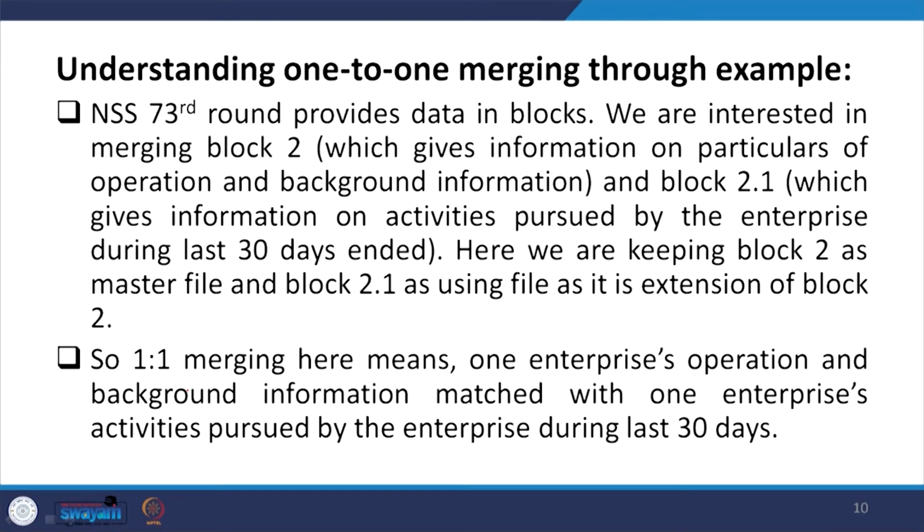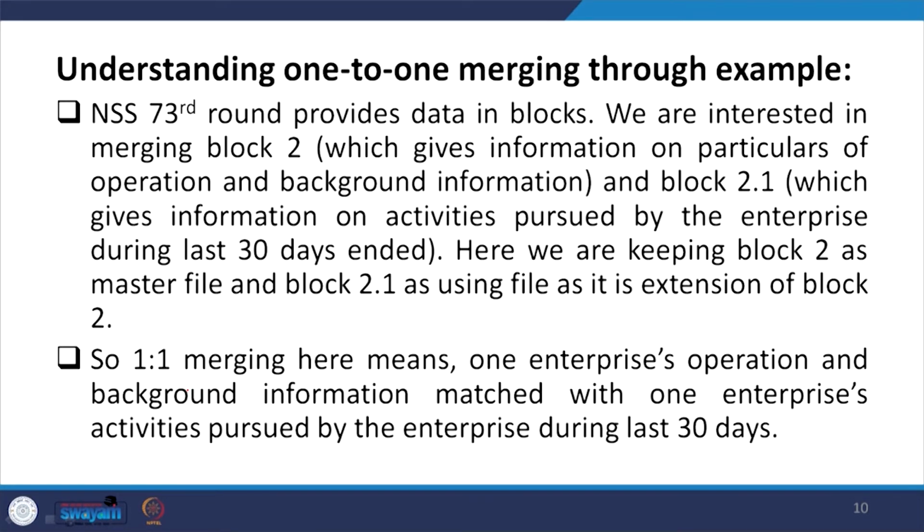We are now interested in merging block number 2, which gives information on particulars of the operation and background information regarding the particular unorganized enterprise we are referring to, and block 2.1, which gives information on activities pursued by the enterprise during the last 30 days.